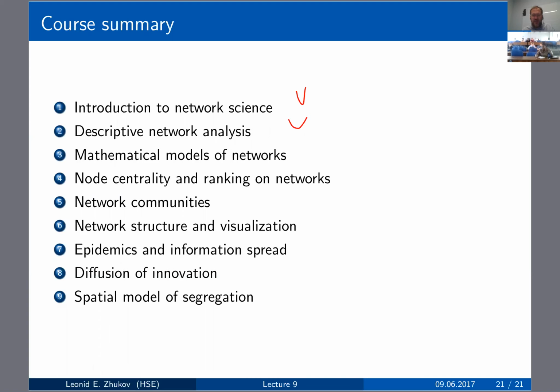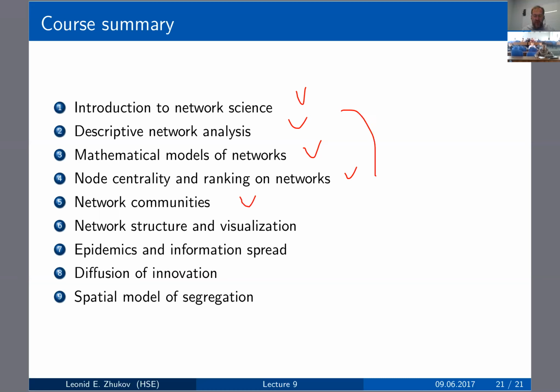Then we talked about mathematical models of networks, and we discussed several theoretical models of how networks form, including random networks and preferential attachment. Then we discussed the importance of the nodes within the network, which is node centrality, and the ways to rank nodes. We then looked into clustering and talked about network communities and how to detect them.